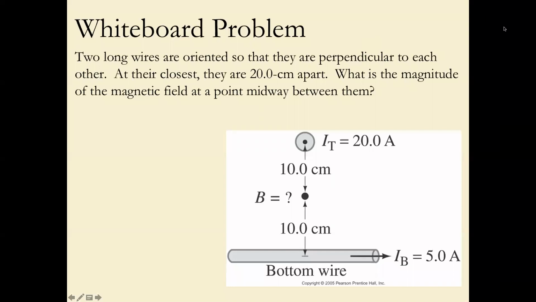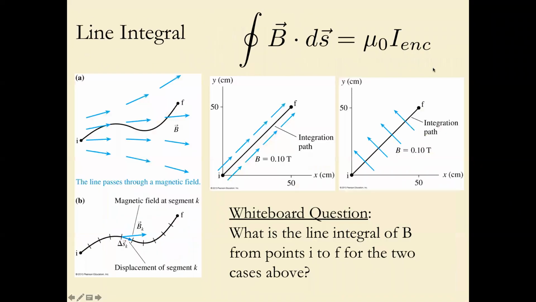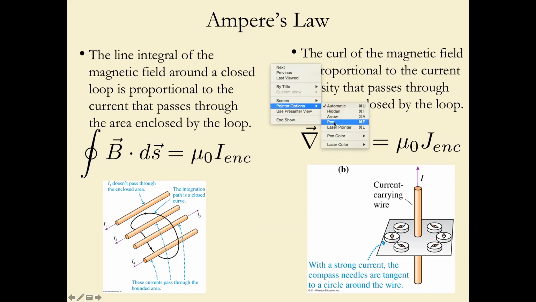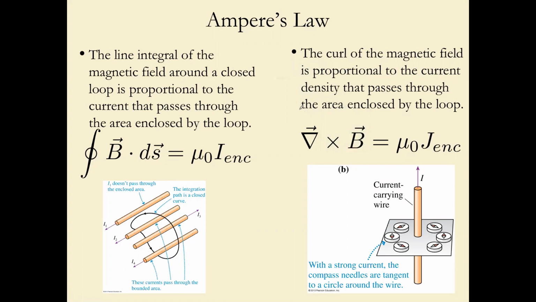And here we will talk about Ampere's law. Ampere's law is a very helpful method to calculate the magnetic field. We learned a similar law when we talked about electricity.